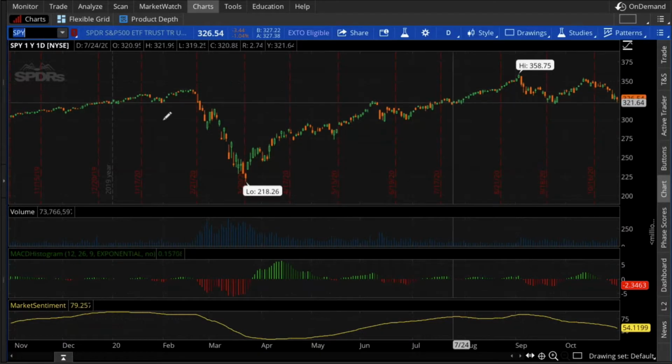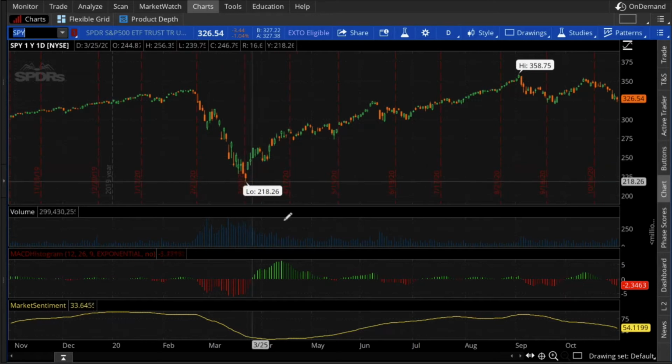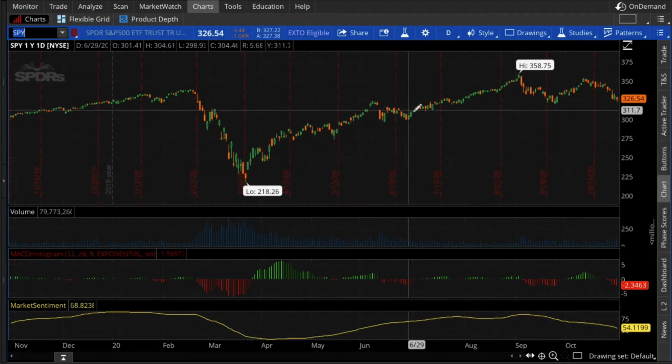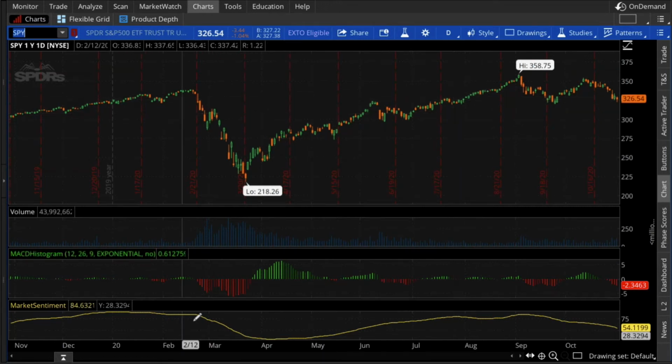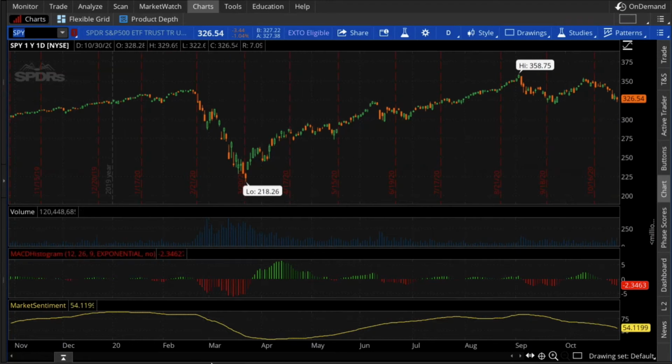So let's go into something a little bit more powerful, which is ThinkorSwim by TD Ameritrade. You can see we took quite a big dip in here, but on ThinkorSwim, we can start to see market sentiment and moving averages. Now, moving averages are essentially a way for us to track the averages of a stock price.